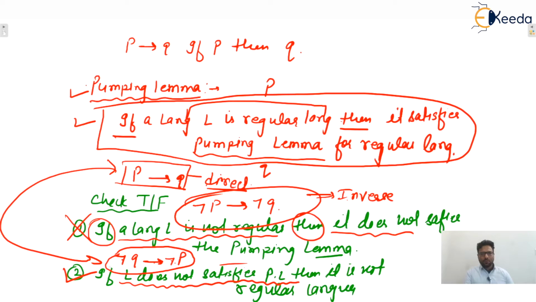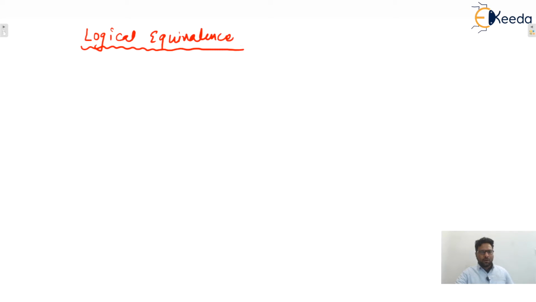Okay, proceeding to the next one, some important logical equivalences we'll see. These are very, very important from the GATE point of view, or if you want to solve questions fast, then these must be clear to you guys.